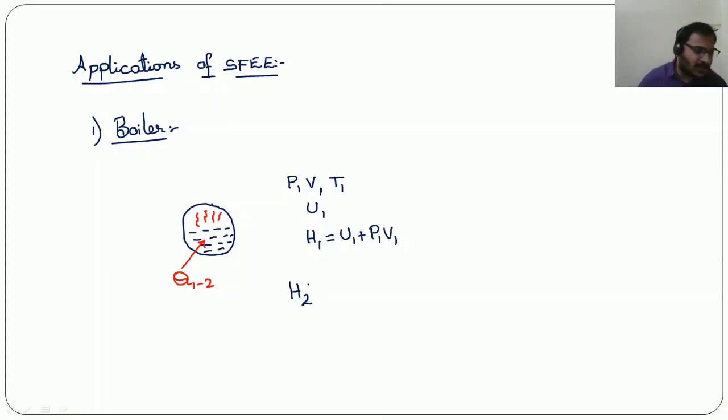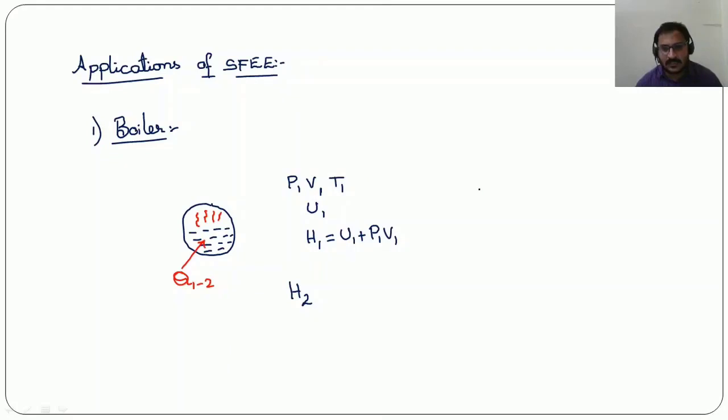Now boiler doesn't do any kind of work, and as this is a stationary boiler, you can neglect the variation in the potential energy. Then the kinetic energy, as the velocity of the particles will be very less, initial velocity is almost zero because the water is inside the boiler in a stationary position. So the kinetic energy and potential energy components will be neglected here.